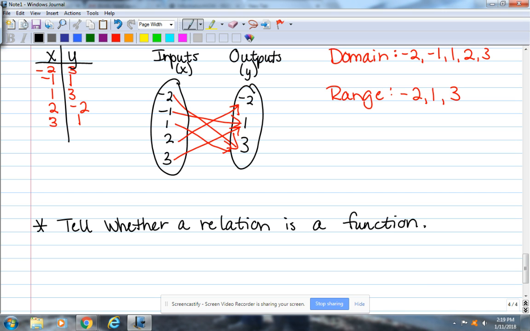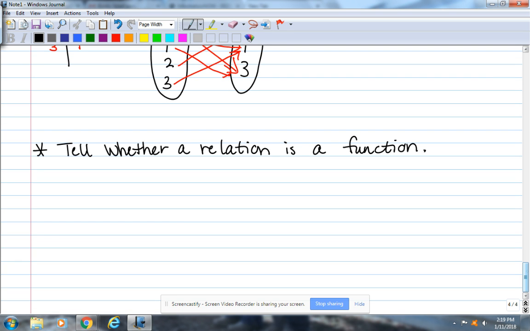Tell whether a relation is a function. Okay. To tell whether a relation is a function or not, a function, every input matches to its own output. I said that backwards. For every input, there's exactly one output, I think is how it's supposed to be said.